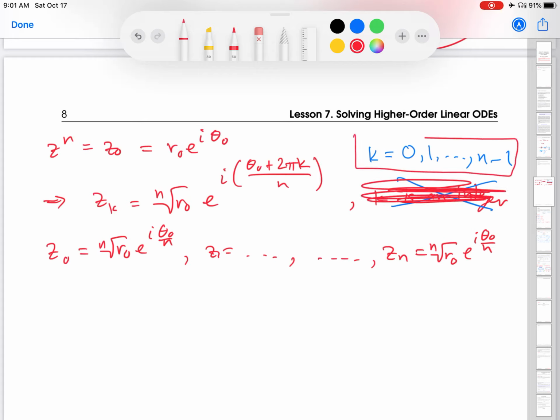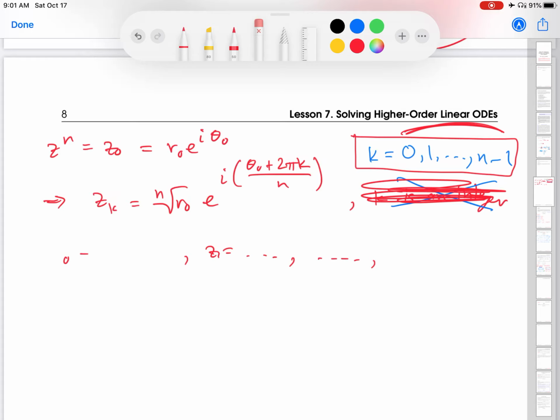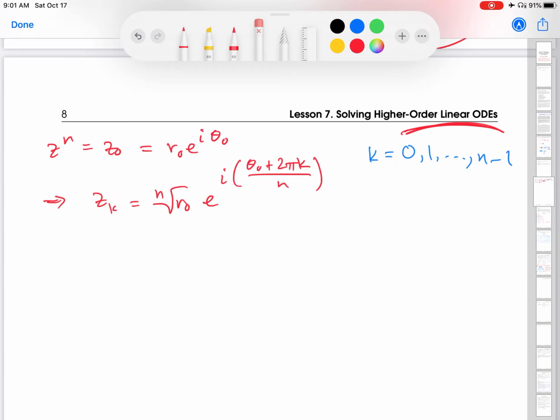These are all the k values that we need to generate the n unique solutions to the problem z to the n equals z sub 0. All right, so that yields exactly, if I just declutter everything here and move this down here, the de Moivre formula. So that's what this is.